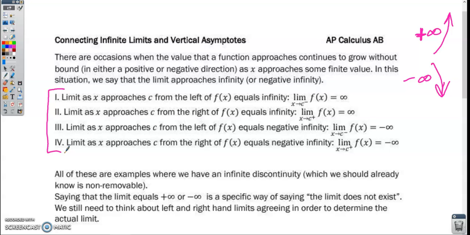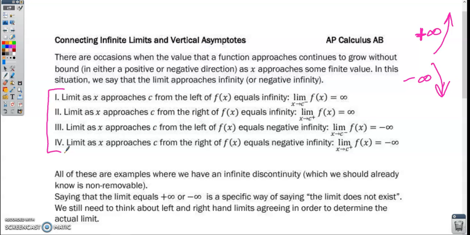In earlier videos, we've looked at times when the limits did not exist, either because the left-hand limit and the right-hand limit weren't the same, or that the function was growing without bound like it does here. In both of those situations, to say the limit does not exist is sufficient. Me personally, I like to indicate when I've got a limit that's going to infinity or negative infinity, which of those it's going to, rather than just saying that it doesn't exist.